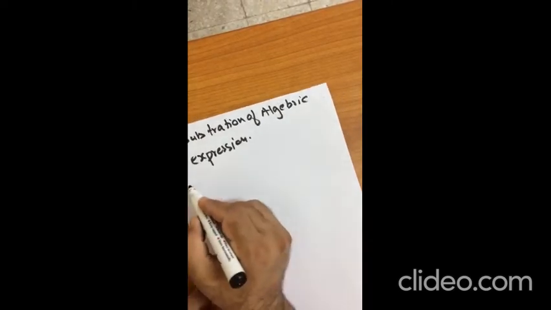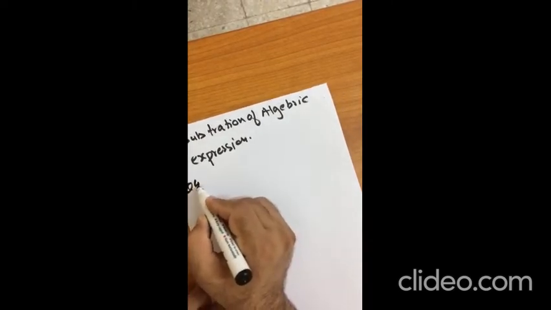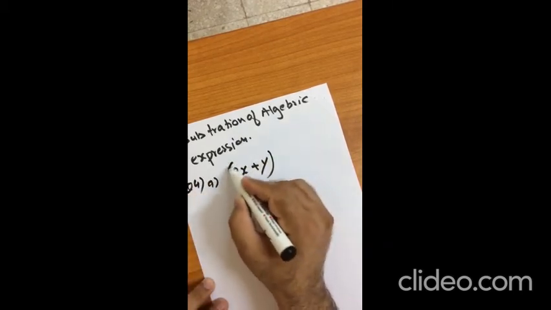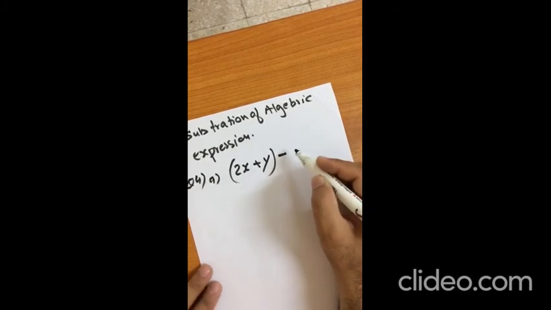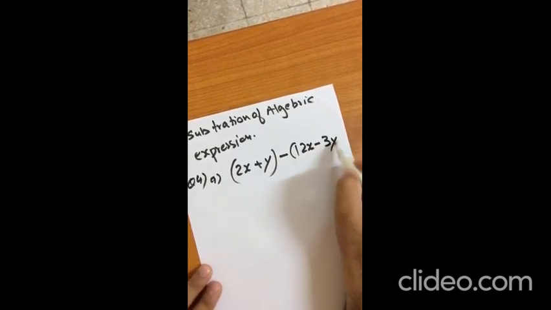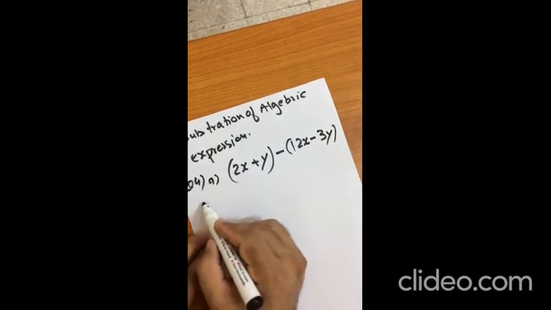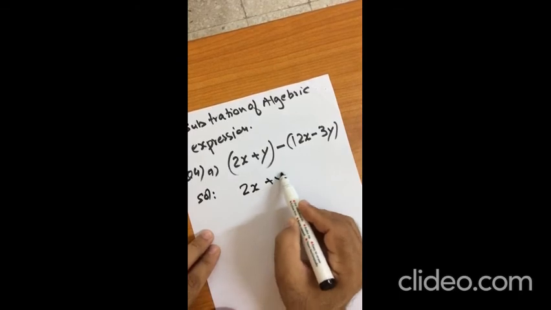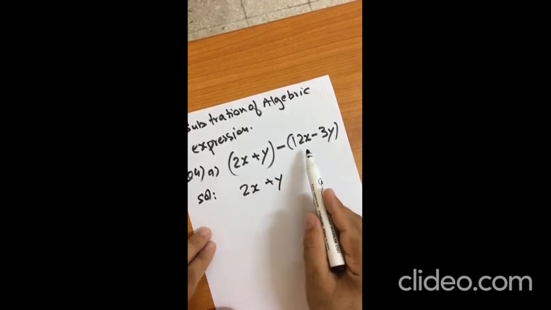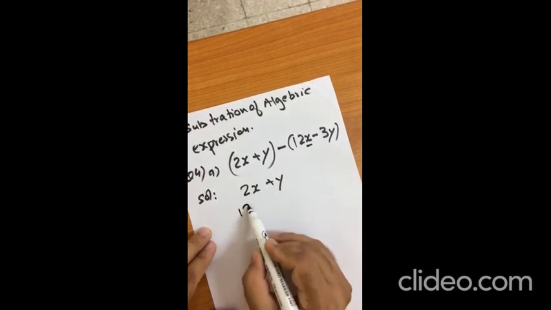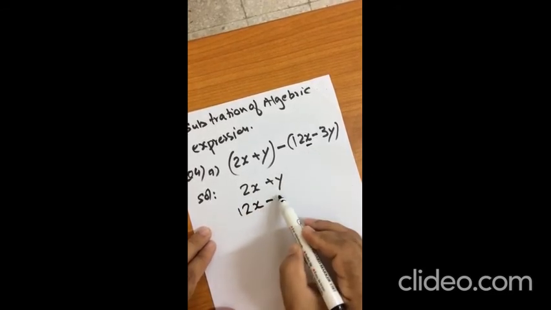First I'm going to write the question. Question 4, part A: (2x plus y) minus (12x minus 3y). Well students, you can write it in vertical form. Yes, of course: 2x plus y. You write 12 under the x, because the x variable is the same as in 2x, minus 3y.